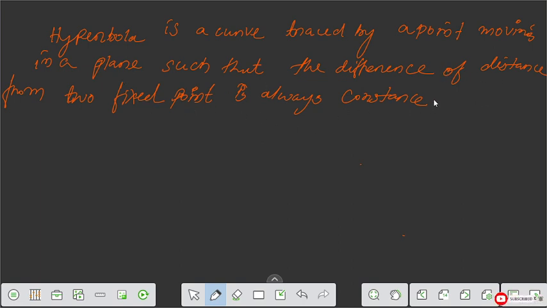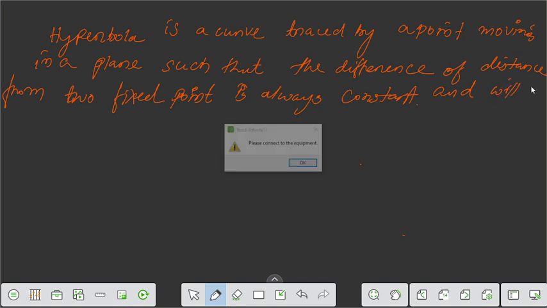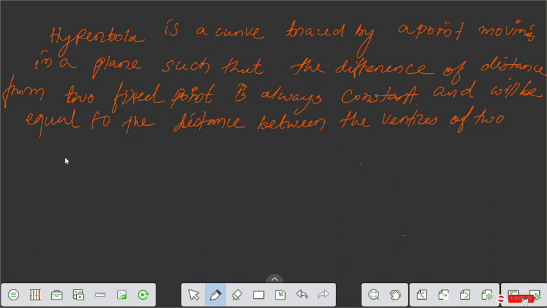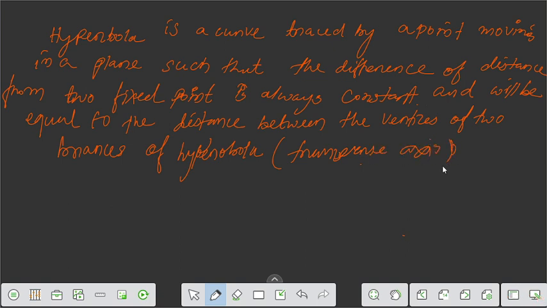The distance from the two fixed points is always constant and equal to the distance between the vertices of the two branches of the hyperbola, that means the transverse axis.